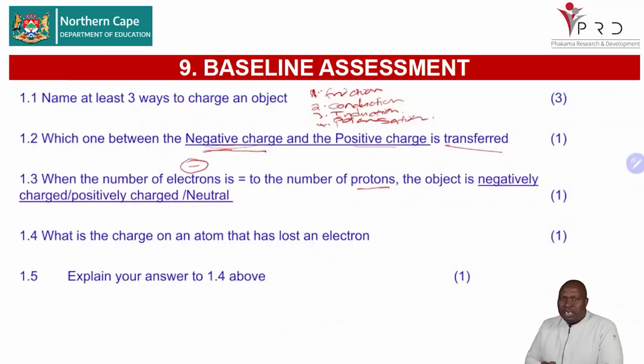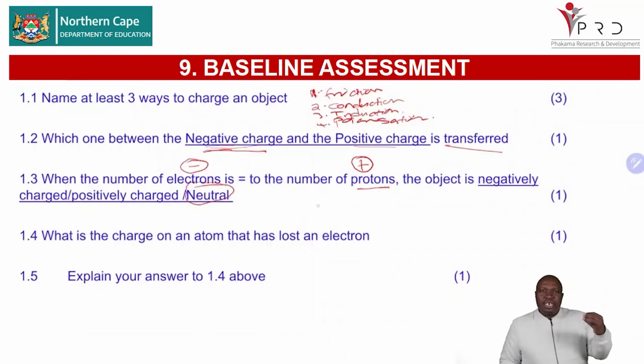When the number of negative charges and the number of protons, which are positively charged, are equal, we are saying that the object is neutral. So I hope you get that.